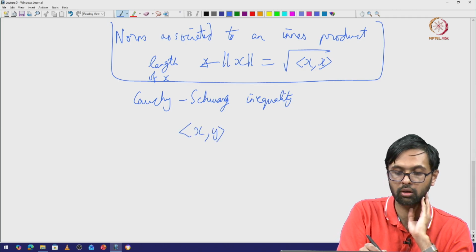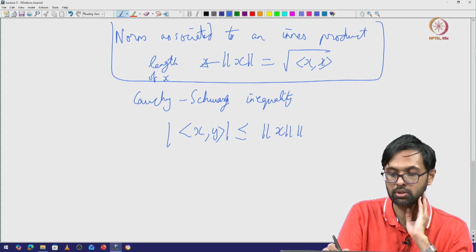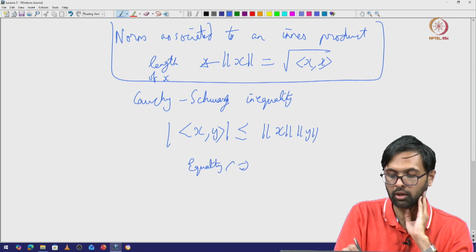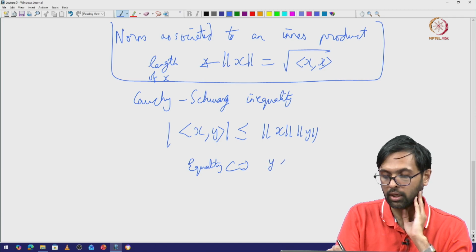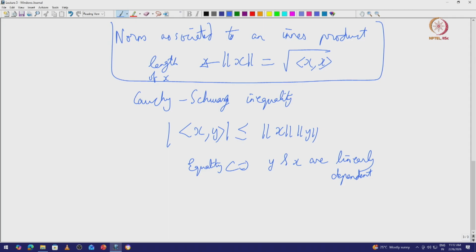So the absolute value of the inner product of x and y is less than or equal to norm x times norm y, and equality holds if and only if y and x are linearly dependent, meaning one of them is a multiple of the other. Okay. Proving the Cauchy-Schwarz inequality is not trivial, it's not too difficult either, but it will take us too far afield. I'm assuming you've already seen the proof.